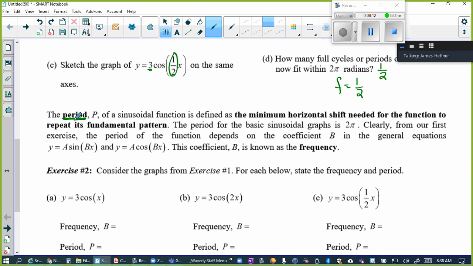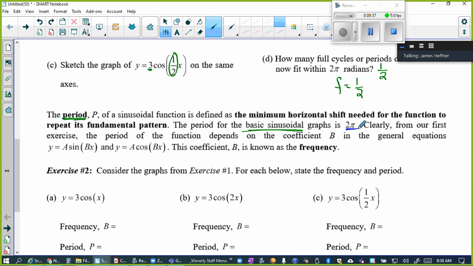That's the number of times a cycle happens, or it's the distance it takes for one cycle to happen, okay? They call it the minimum horizontal shift right before it repeats itself. So basically, with no multiplication or addition, the basic sinusoidal graph period is 2 pi, from 0 to 2 pi. It'll happen one cycle, okay?